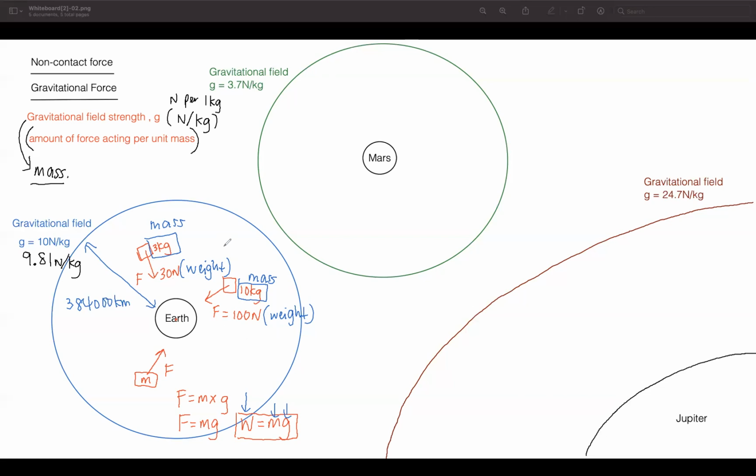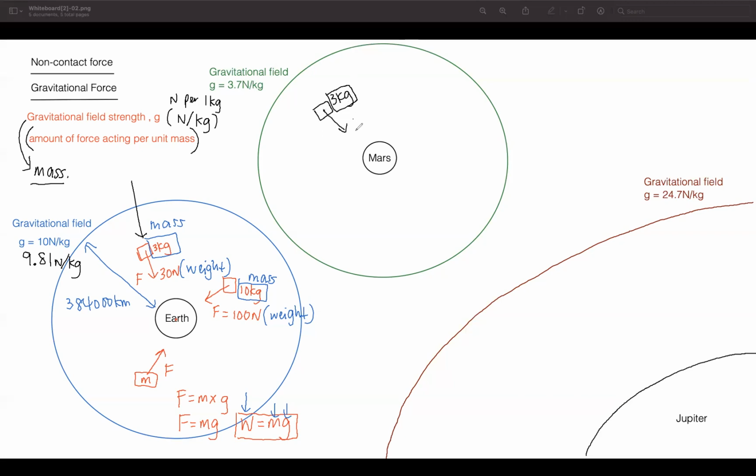Okay, now say that I move this object, the 3 kg object, to Mars. Okay, so it's now at Mars, 3 kg. What is going to be the weight? First, does the mass change? The mass does not change, right? I move it here, it's still 3 kg because the amount of particles does not change. But the weight changes.